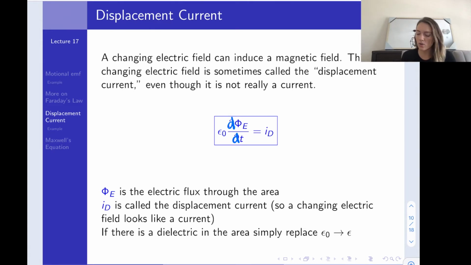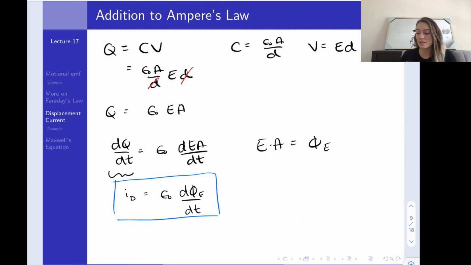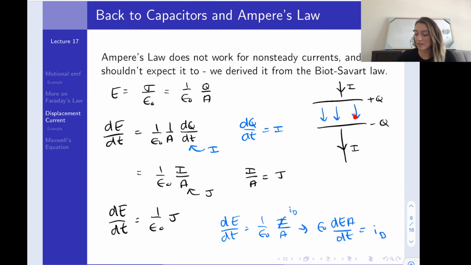And your book also calls the displacement current a fictitious current. So I just want to clarify that a little bit. The physical effects of it are not fictitious. When you have a changing electric field, it really does produce a magnetic field as if it were a current. Now, it's fictitious in the sense that it's not really a current because, when we have just an electric field changing between the plates of a capacitor, obviously there are no charges flinging themselves from one plate to the other.